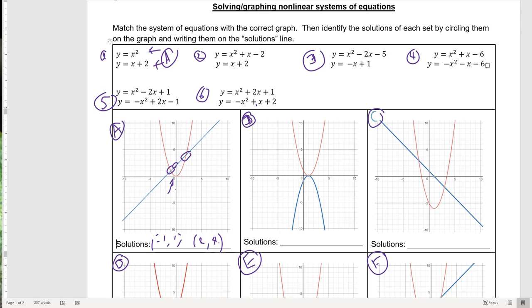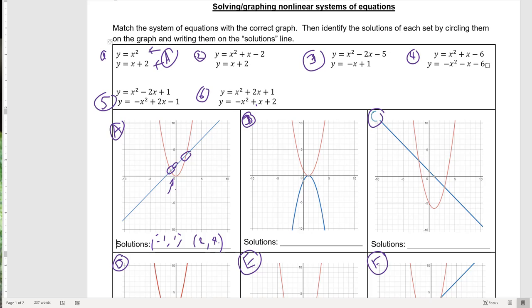With these problems, you match them. If you look at graph B, you can see that you have two parabolas. They share a vertex. And so that means you're going to have either number 4, number 5, or number 6. Those are the three choices that have two quadratics in them. They each have one positive and one negative, so it could be any of those three. So our next job is either to complete the square and put it in vertex form, or look at the y-intercepts.